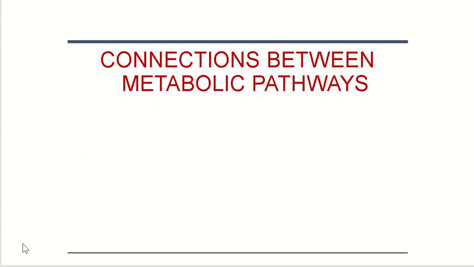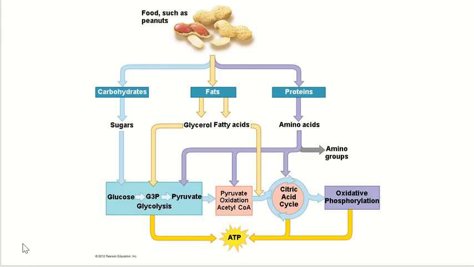Now lastly, of course, we also have to take note of the connections happening between metabolic pathways. As you all know, any cell within our body uses many kinds of organic molecules as fuel for cellular respiration.